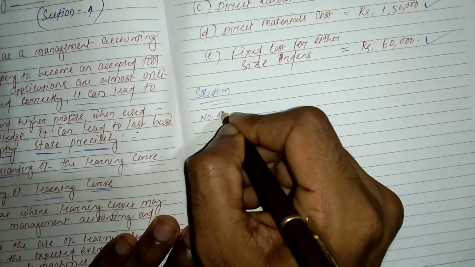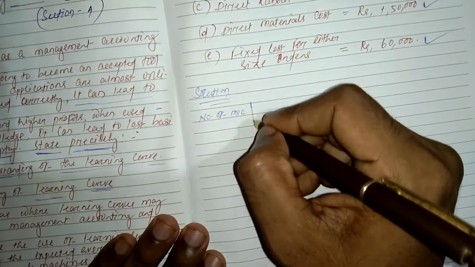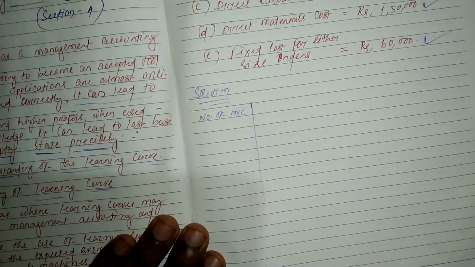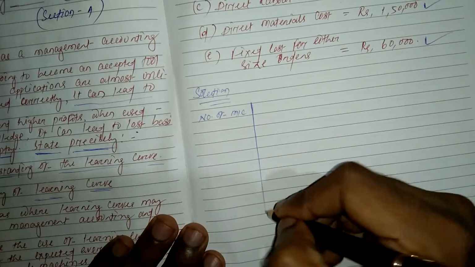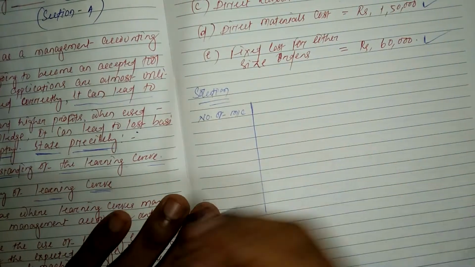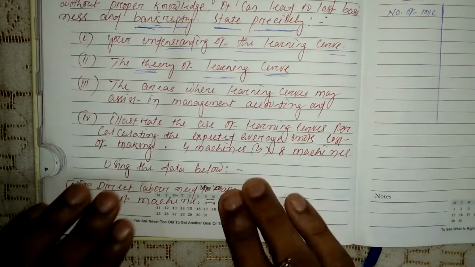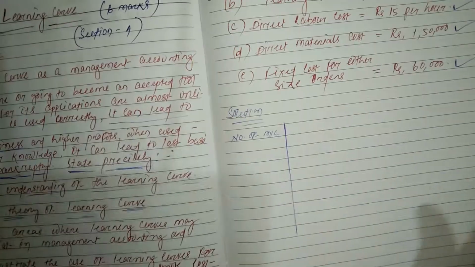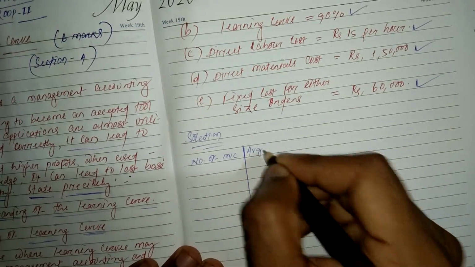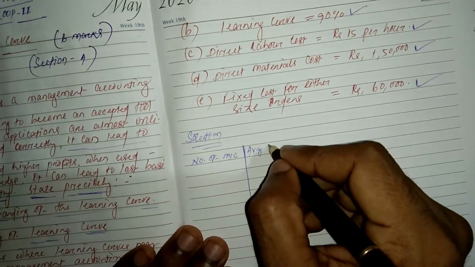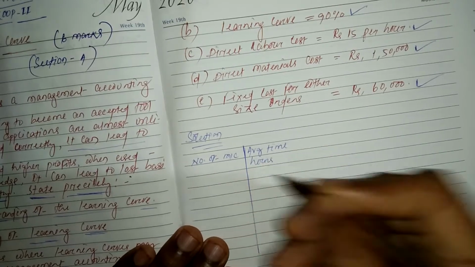First, number of machines. Time in hours is given as 1000 hours, so we need to find out the average time in hours.